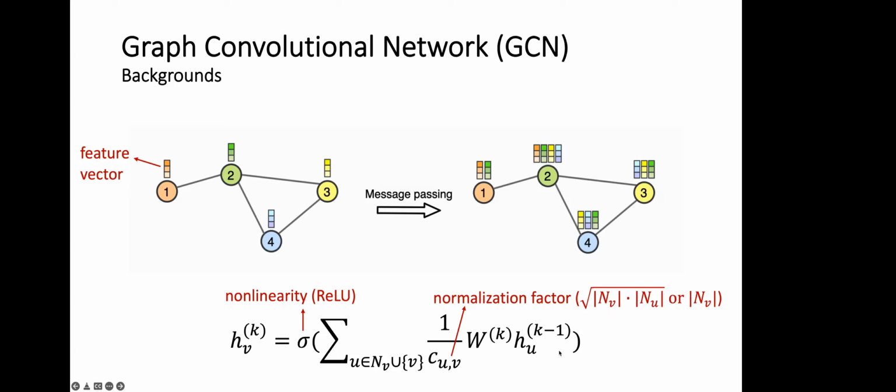So we multiply the W and the H here to convert the representation of node U to its message, and then divide by this normalization factor to take the average of all the messages from the node itself with its neighbors, and then pass this value to the nonlinearity activation layer.